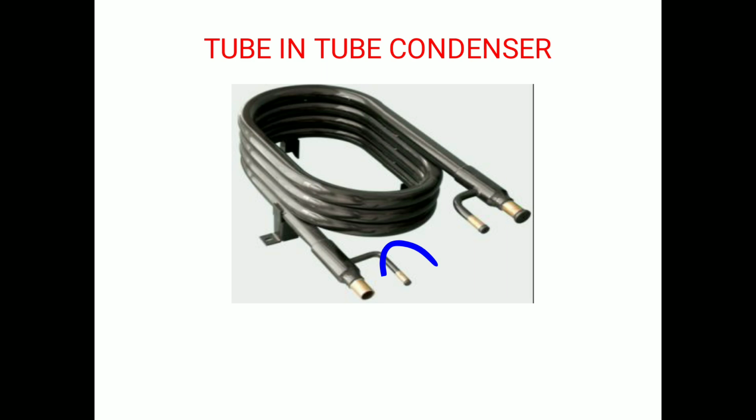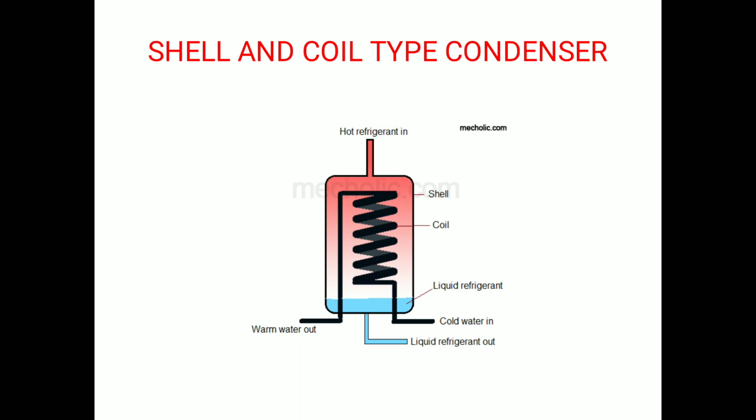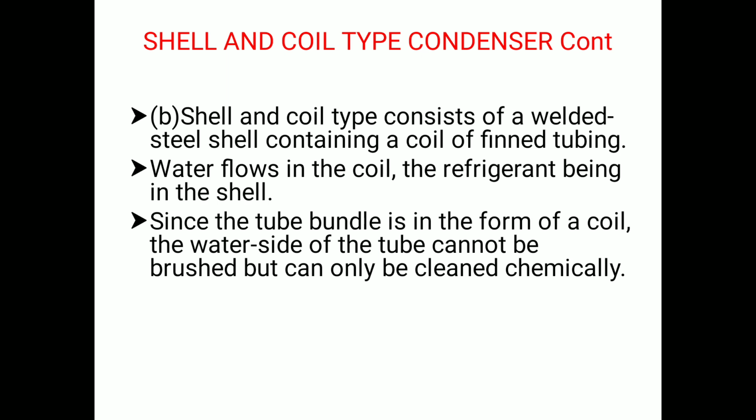So this is the passage which is used to flow the refrigerant, and this passage is for coolant, water you can say. So the next type is a shell and coil type condenser. From the diagram itself you can see a shell and a coil which is used to cool the refrigerant. Let's see what is happening in shell and coil type. Shell and coil type consists of a welded steel shell containing a coil of inner tube.